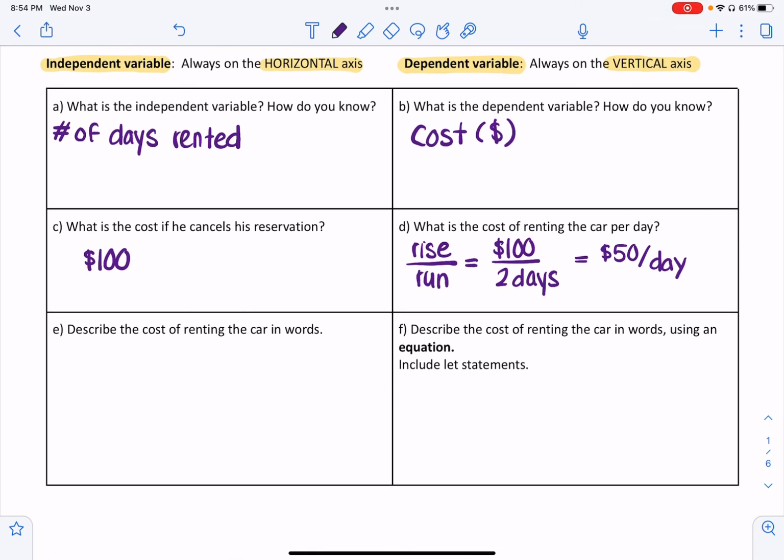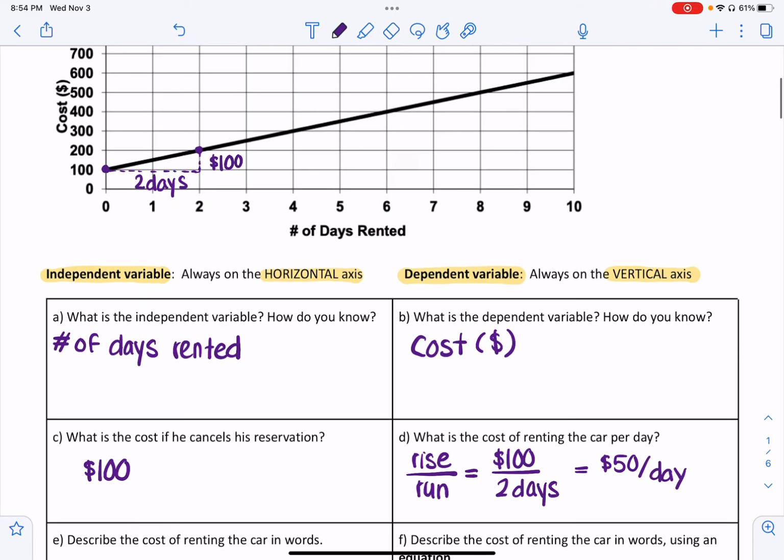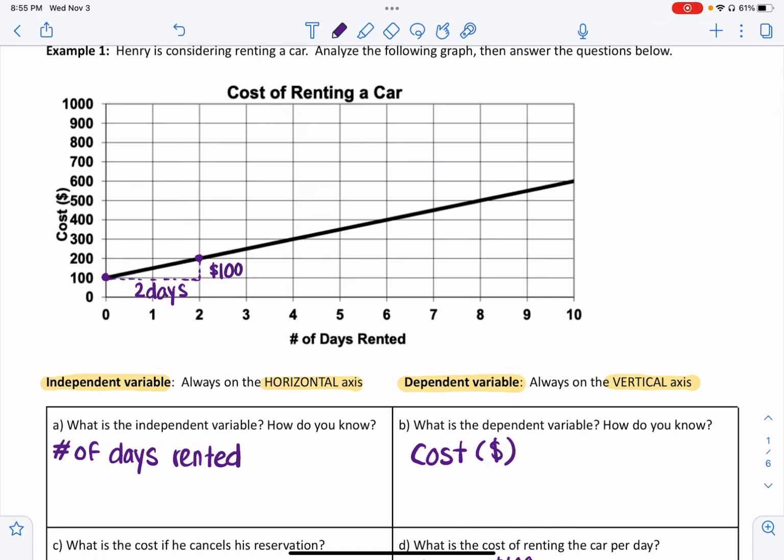Now for part E, we want to describe the rental in words. So if I look at the graph here, just for renting the car, it's $100. We haven't even taken it out for one day, and Henry owes $100. Now from there, for each additional day, it is an extra $50.